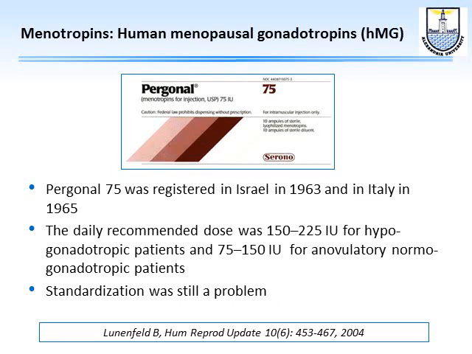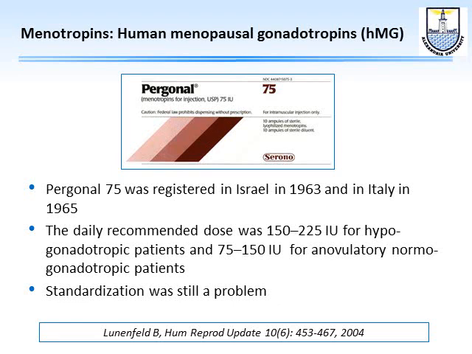Then, in 1963, Pergonal 75 international units was registered in Israel, and 2 years later, it was also registered in Italy. And Professor Lunenfeld at that time recommended using 150 to 225 international units for the hypo ladies, the ladies who have no cycles.